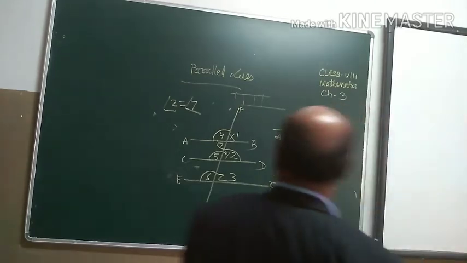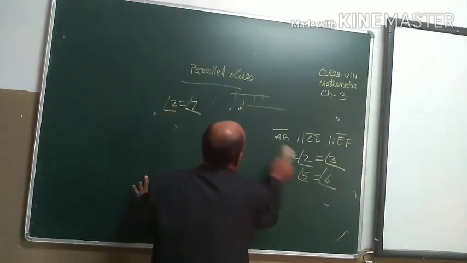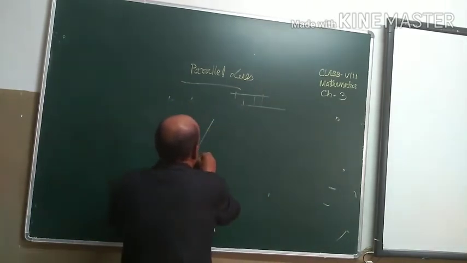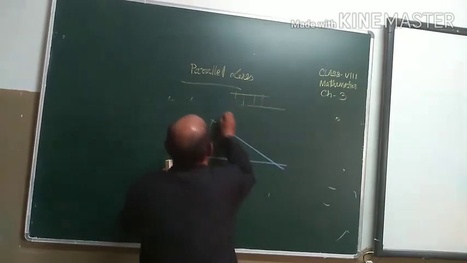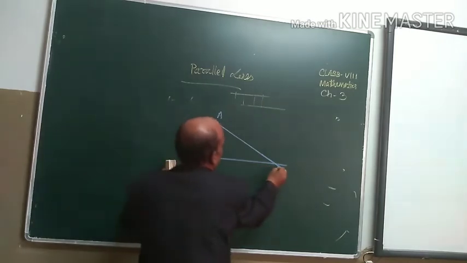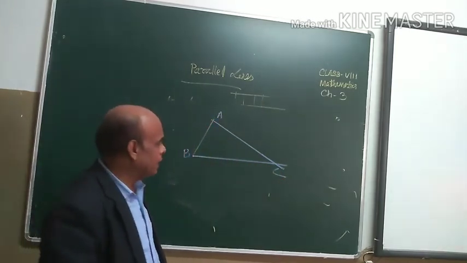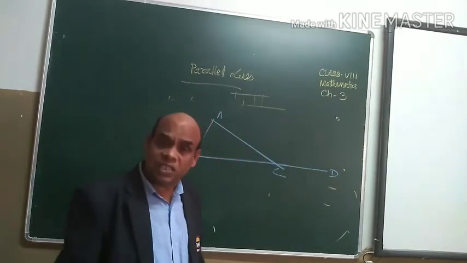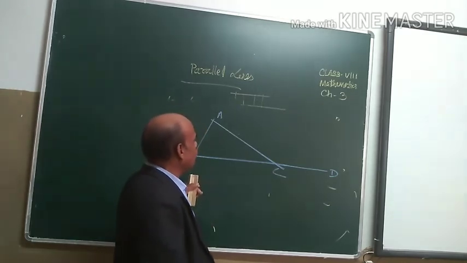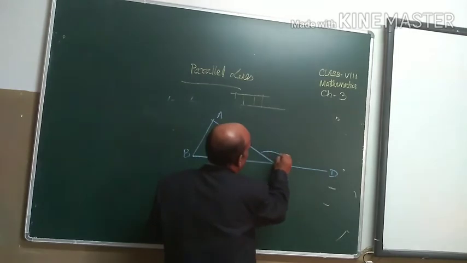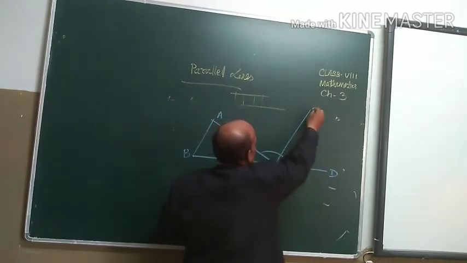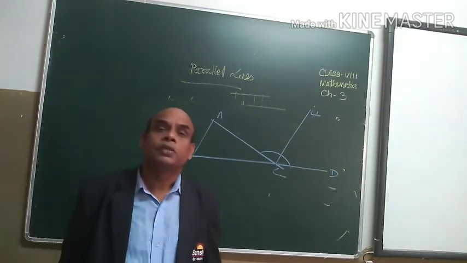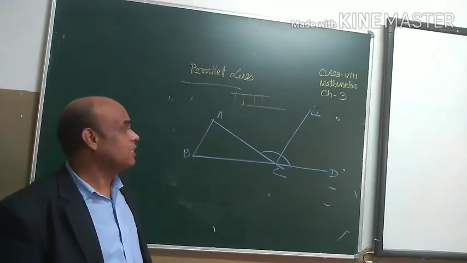Now see another question. Suppose ABC is a triangle, and BC is extended up to the point D, and already given, LC is parallel to AB, that is given.